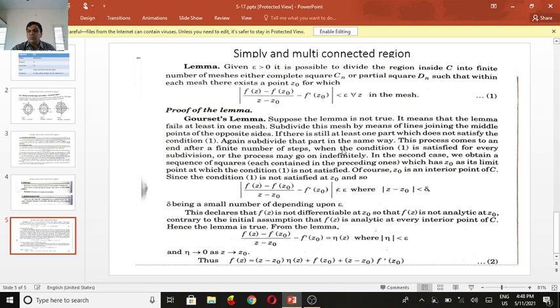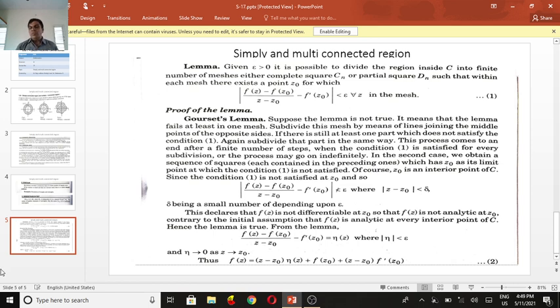This process either comes to an end after a finite number of steps, so that condition 1 is satisfied for every subdivision, or the process may go on indefinitely. In the second case, we obtain a sequence of squares, each contained in the preceding one.